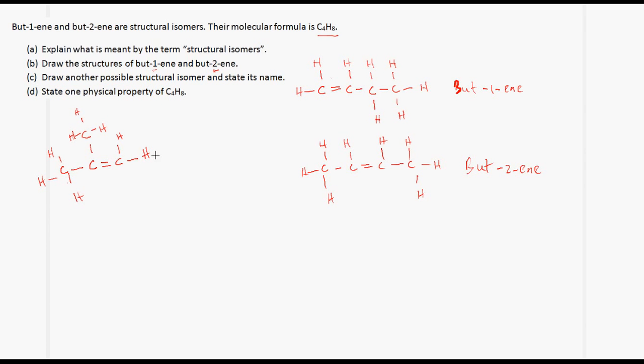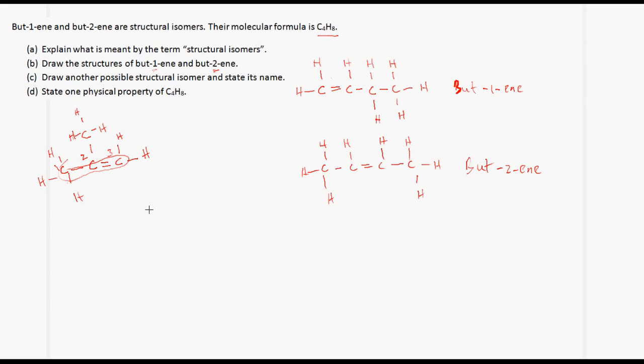Now, in order to name this compound, we usually find the longest carbon chain and we number them. So it'll be 1, 2, 3 carbon atoms.